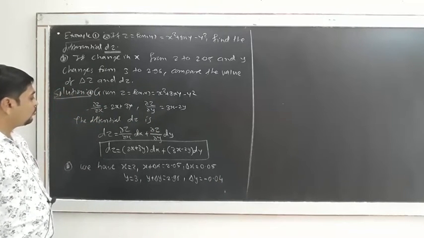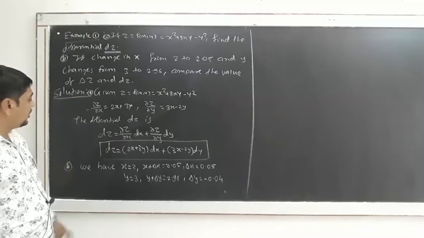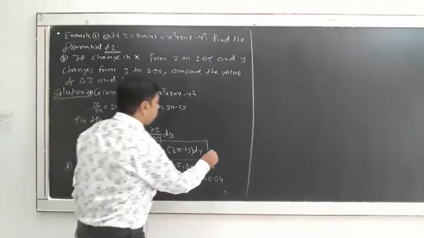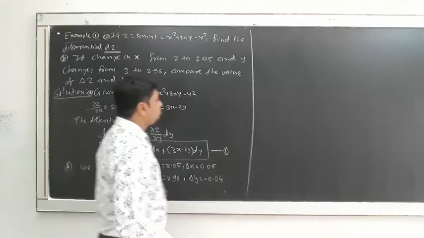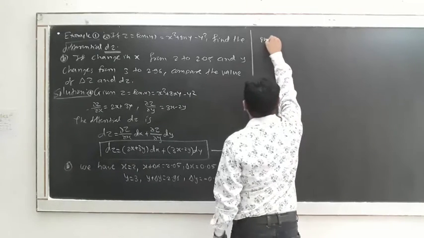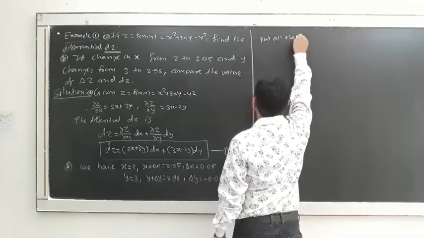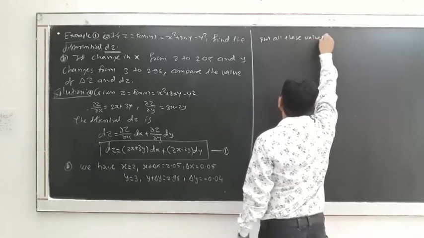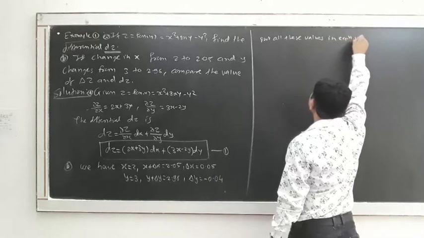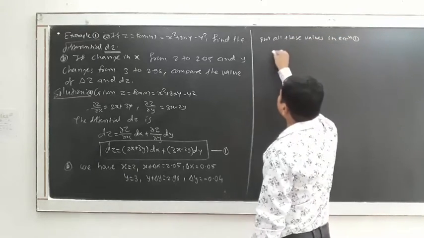Now we have to put all these values in equation number 1. Put all these values in equation 1. So what are we getting for dz?